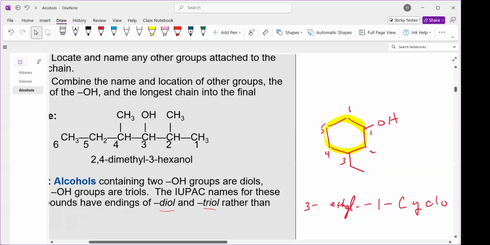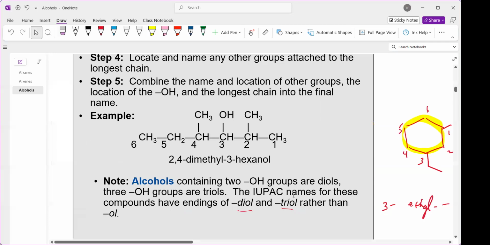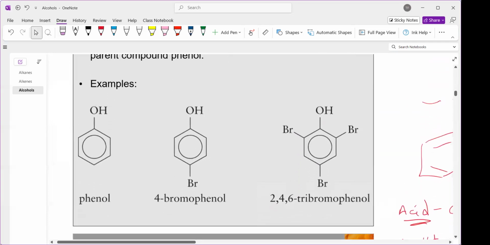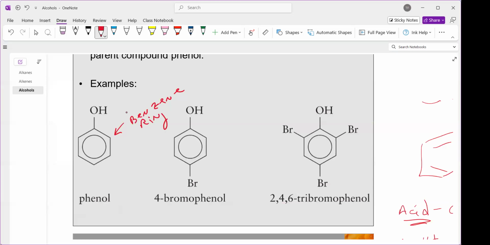Okay, so now whenever we have a benzene ring, like I was saying earlier, we have a special kind of alcohol.